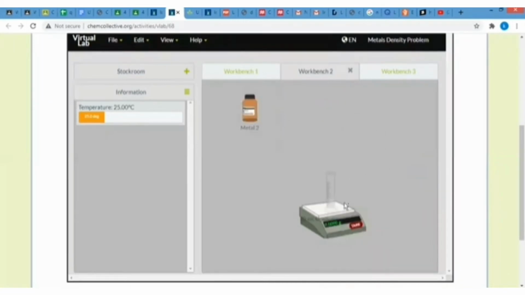Now we will find the mass of the volume by placing our graduated cylinder on the balance. The total mass of the graduated cylinder and metal is now 266.6344 grams.